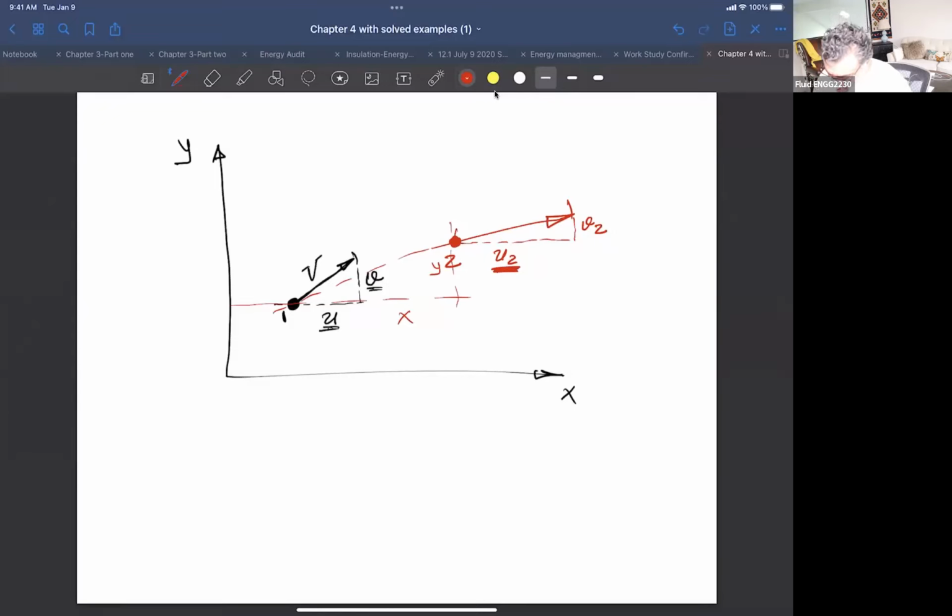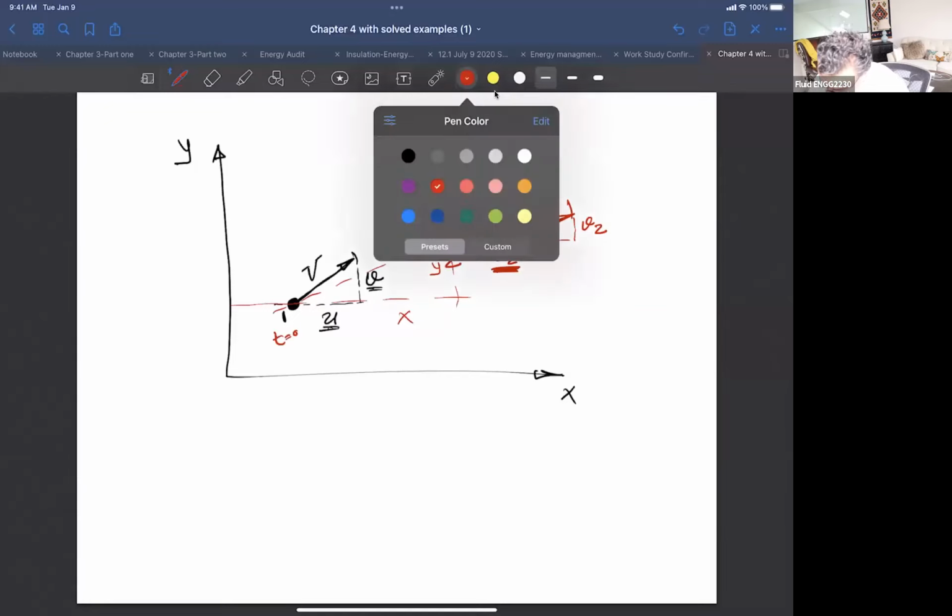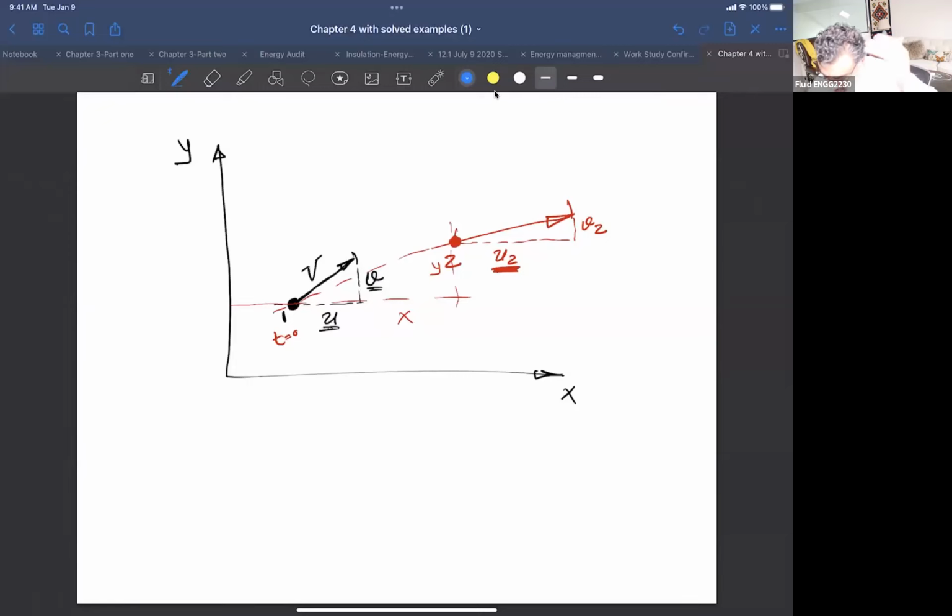How about if u at a certain time 0, maybe at a time t equal 2 seconds, 3 seconds, the component becomes like this? Maybe the velocity is becoming like this, right? So even though you are at the same location x and y, the velocity could change with time.